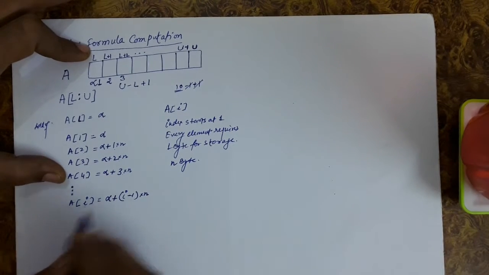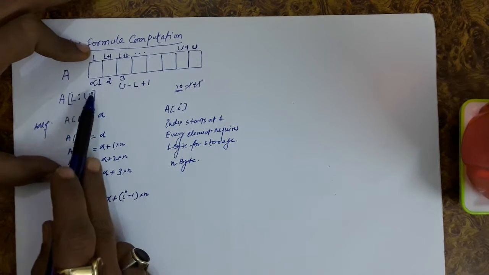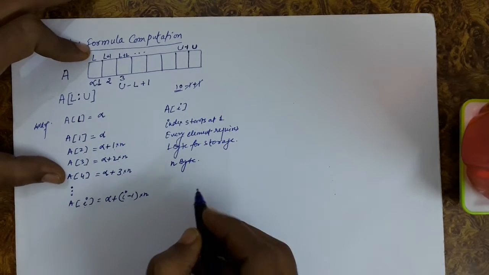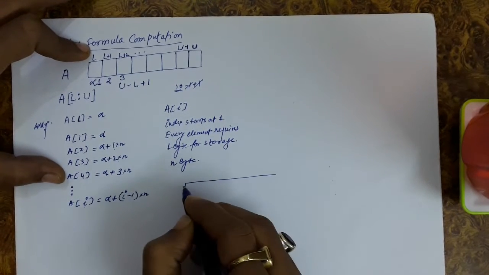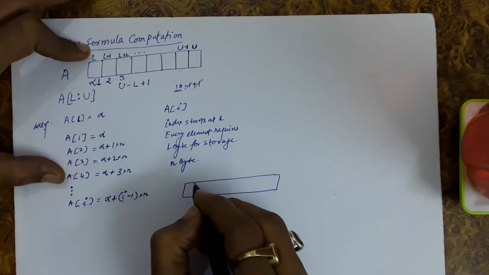Now the second assumption was that the first index of the array is 1. So let's try to remove that assumption also. Say the index of the first element is not 1.